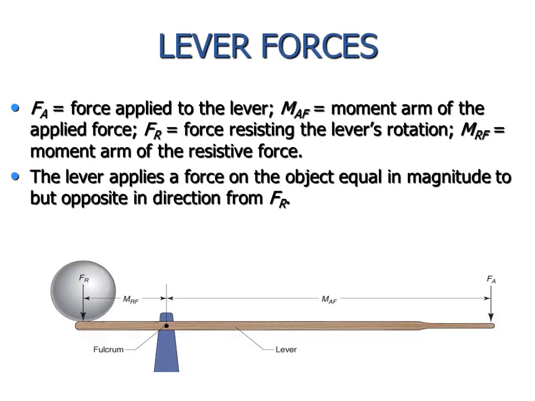So let's talk about some common terminology that we use when we talk about levers and lever forces. This will help us understand some of the leverages and mechanical advantages that we employ when we perform manual muscle testing.